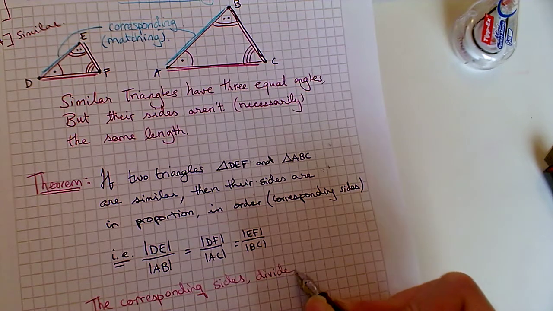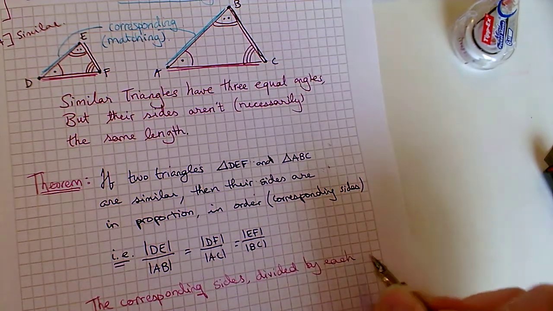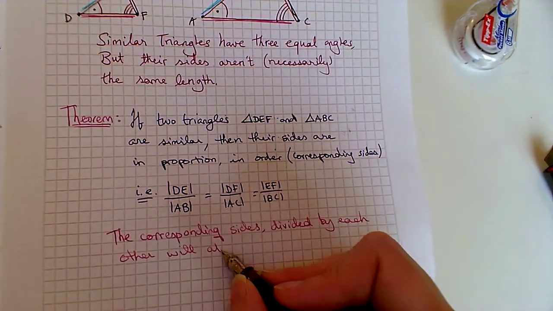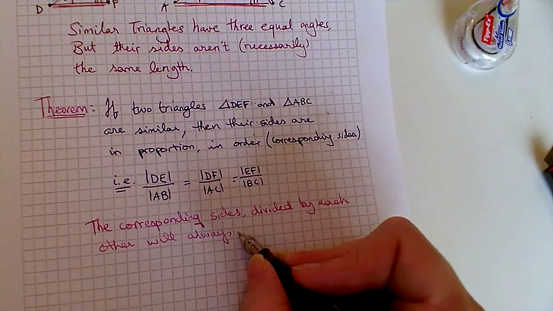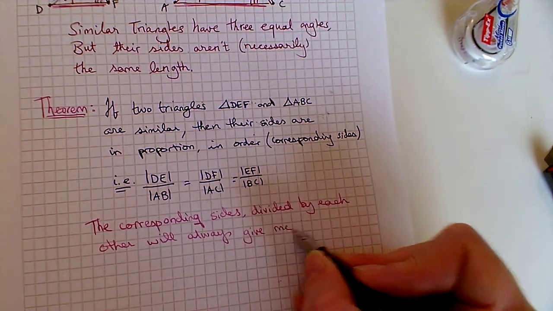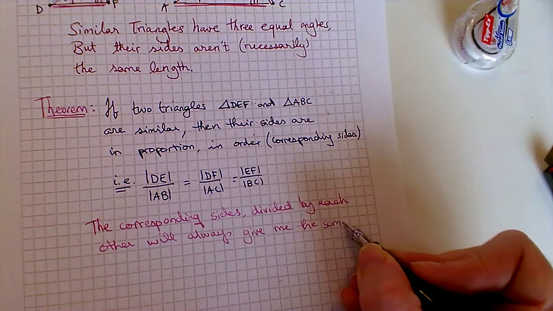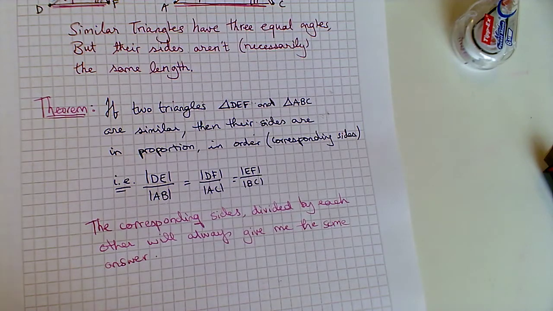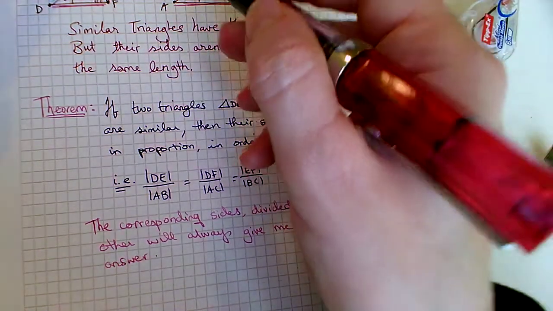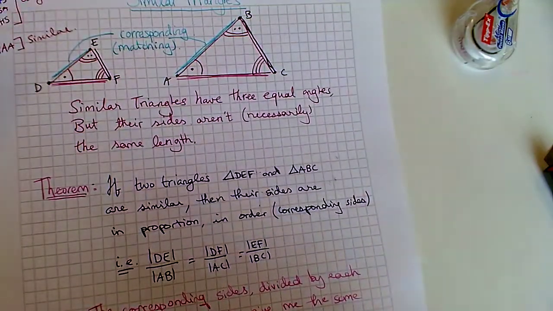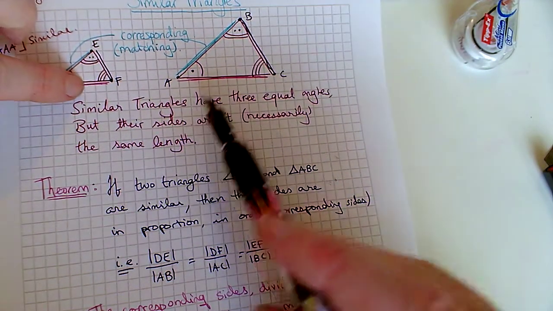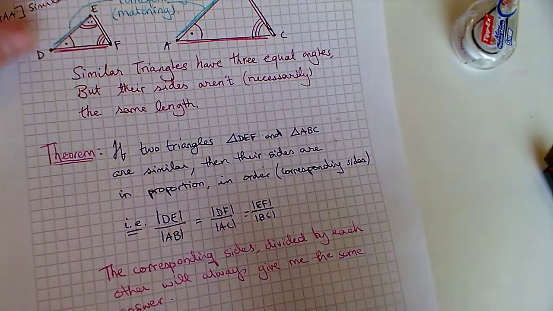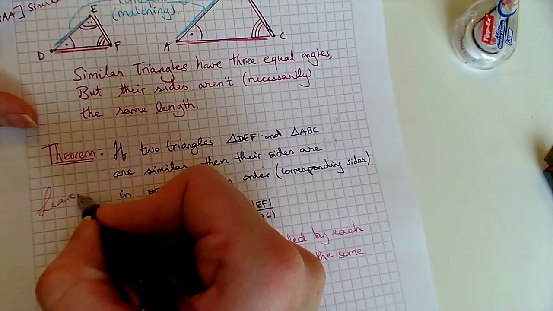Okay, so this divided by this is the same as this divided by this, the same as this divided by this. That's how we've written that down there. Again, you need to learn that theorem.